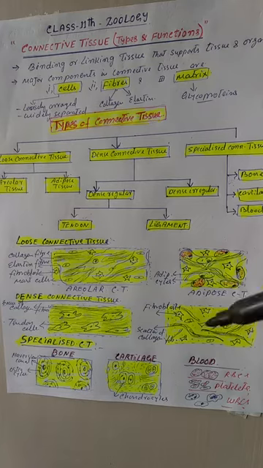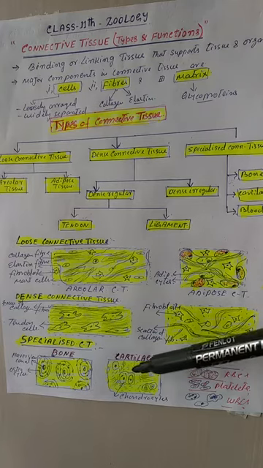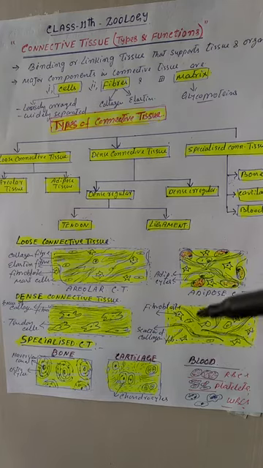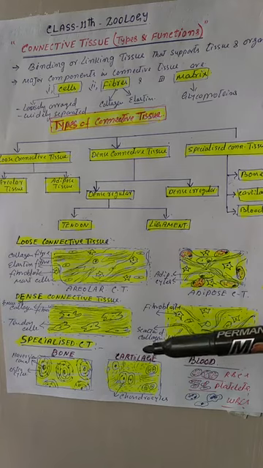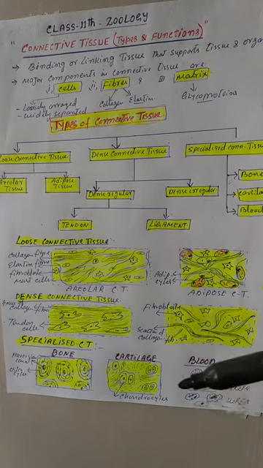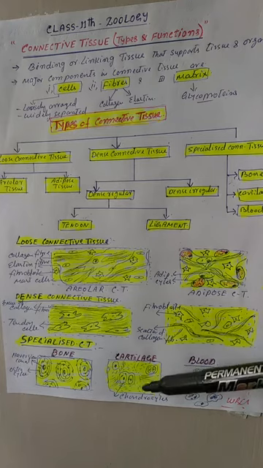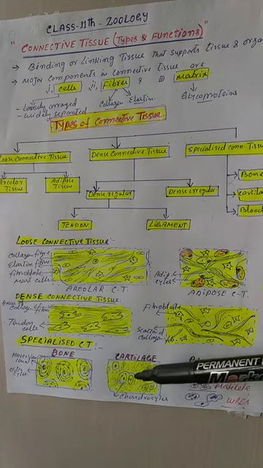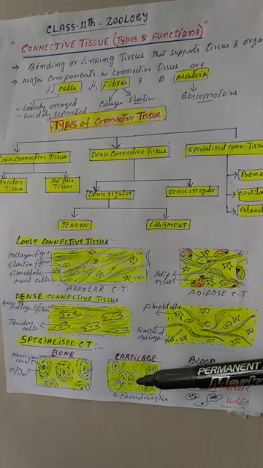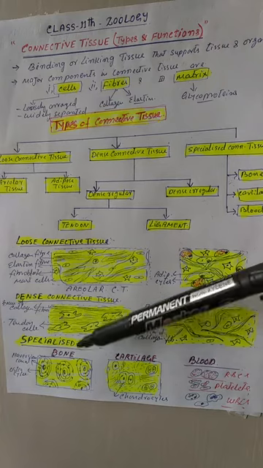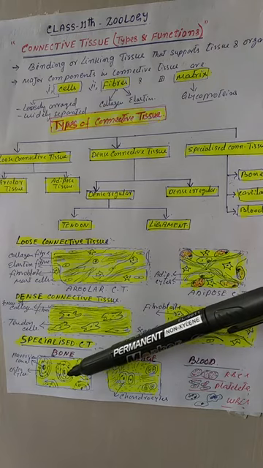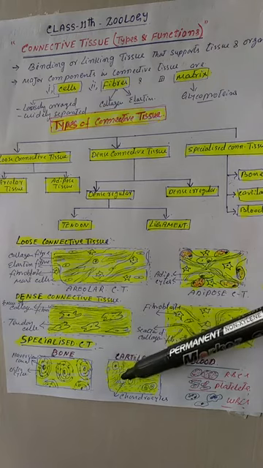Now, the second specialized connective tissue is the cartilage. The matrix of cartilage is semi-rigid, pliable, and resists compression. It consists of cells called chondrocytes, while the bone consists of cells called osteocytes. That is the difference between bone and cartilage.